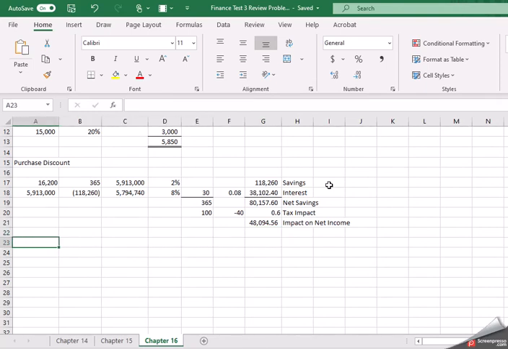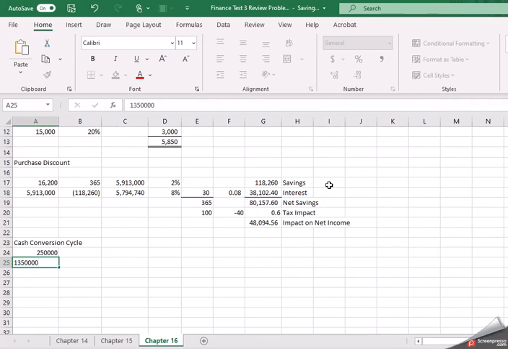Okay, then the last one, I'm sorry, I didn't type that up. We're going to calculate our cash conversion cycle. So what they give us is sales of $250,000, and then they give us cost of sales of $135,000. Whoops, I put too many zeros in there.